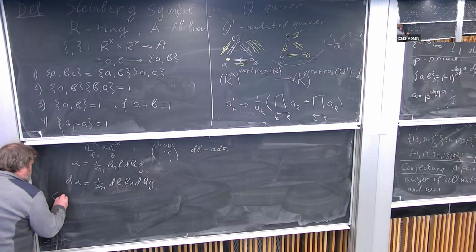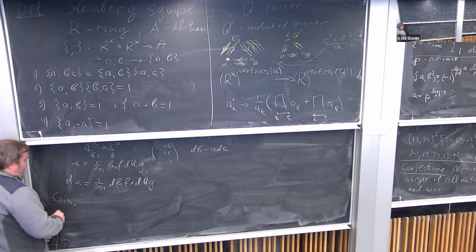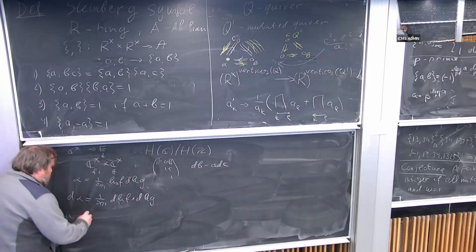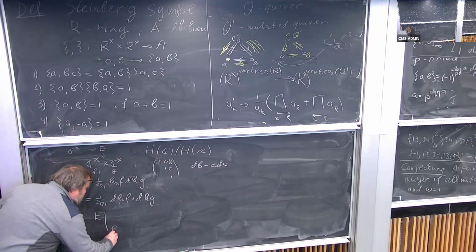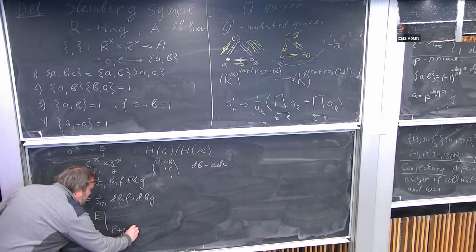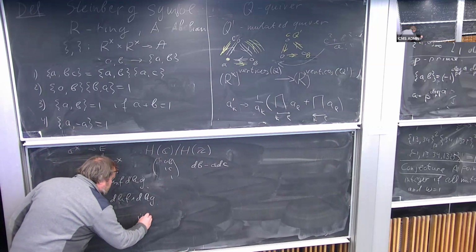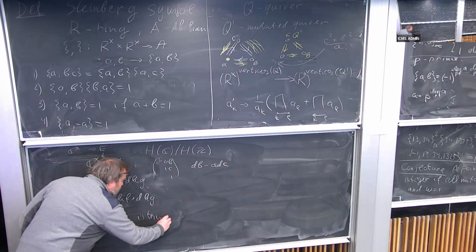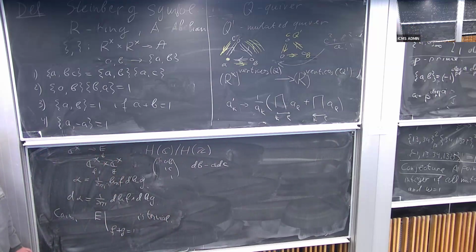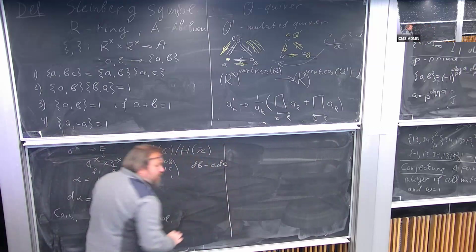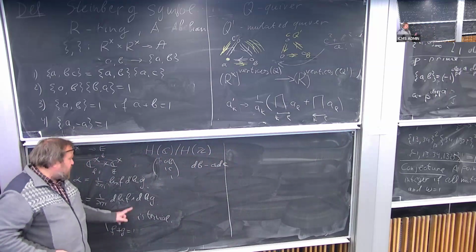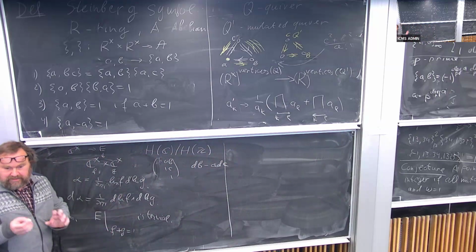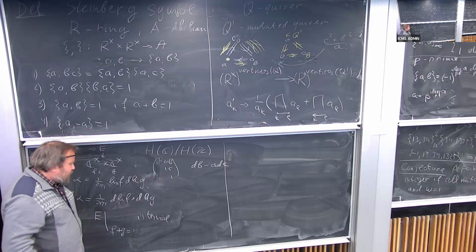Claim: if I take this line bundle E and restrict it to the plane f plus g equals 1, then it's trivial. Well, easy exercise. Trivial as a line bundle with connection, so it means just a trivial bundle with connection.